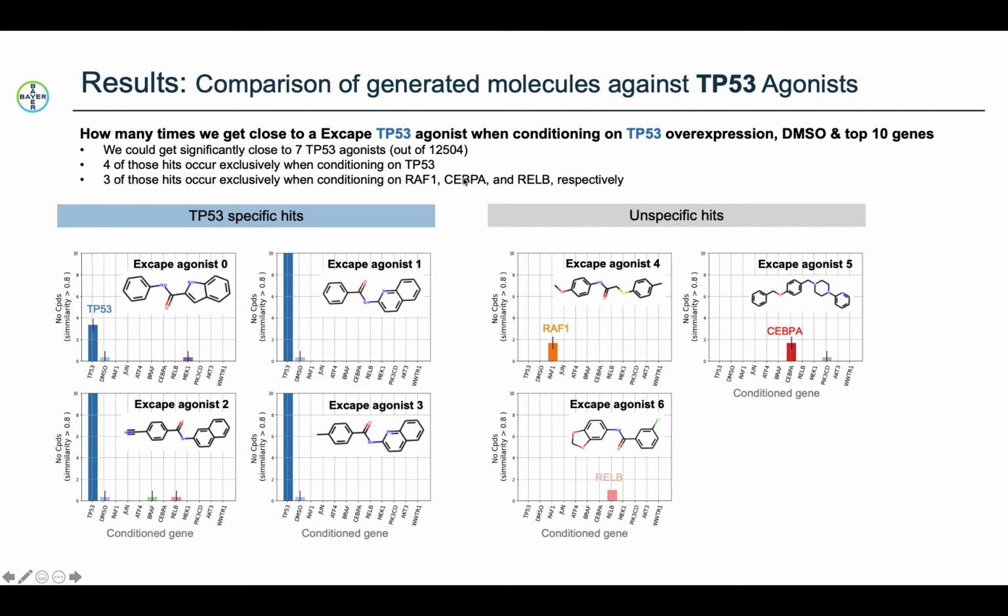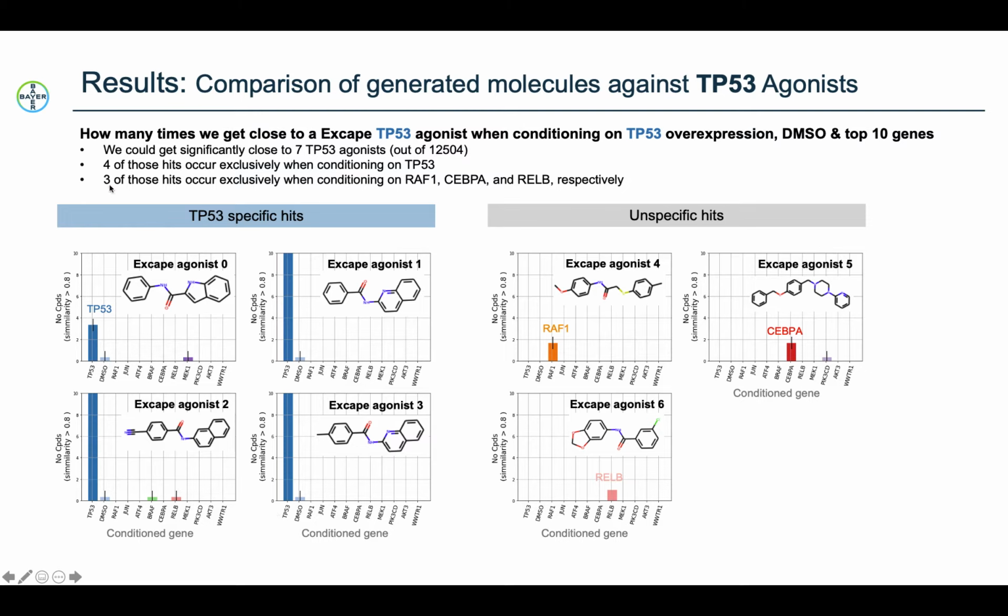The first result that we can see here is that we could get significantly close to 7 TP53 agonists out of the 12,000 agonists that we had available. And we can also see that 4 of those hits occurred when conditioning on TP53 itself. So those are what I call TP53-specific hits, here on the left.